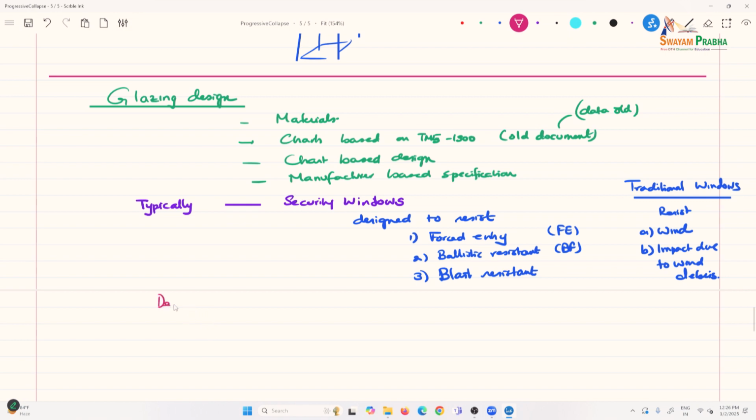The design is based on, typically for windows on the first floor or the ground floor here. So, let me call it the ground floor. Based on the level of protection for forced entry, or ballistic resistance, this is BR, and blast resistance.